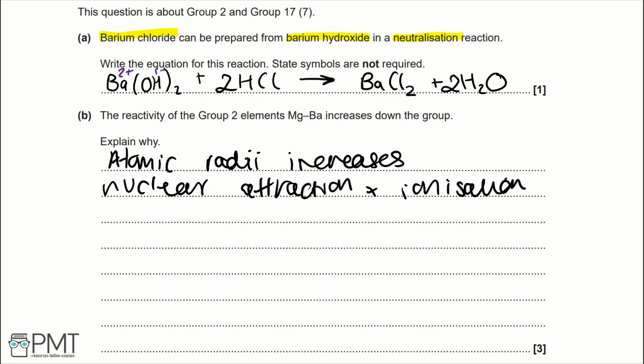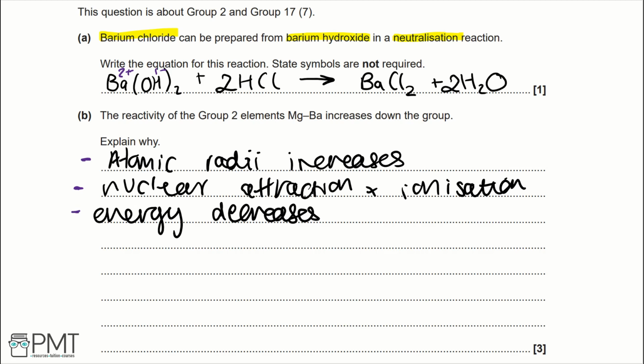So to get the 3 marks for this question, you need to have written the 3 bullet points that I will demonstrate in a minute. So we need to say that atomic radii increases, nuclear attraction and ionization energy decreases. We could also add that electron shielding increases, but that would get you the same mark as atomic radii increases.